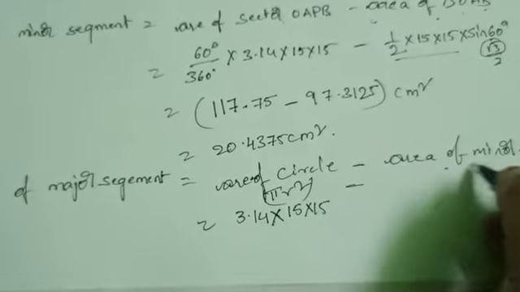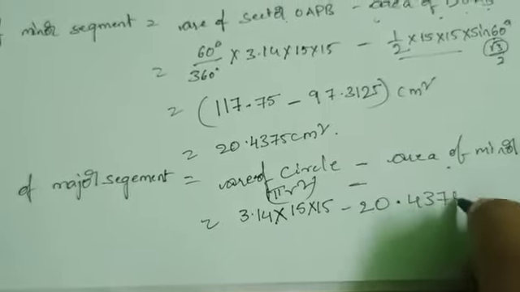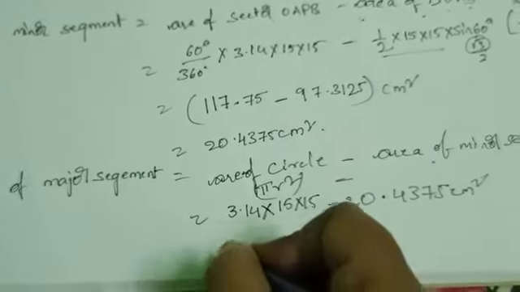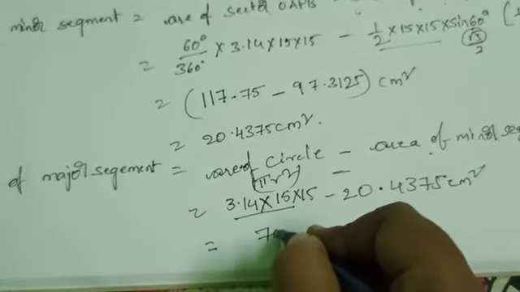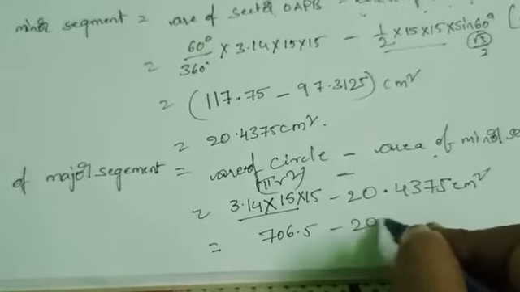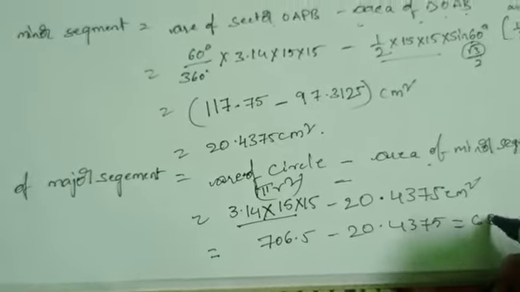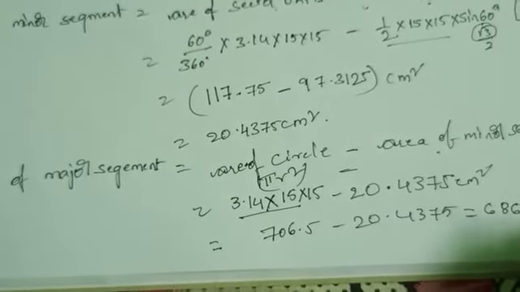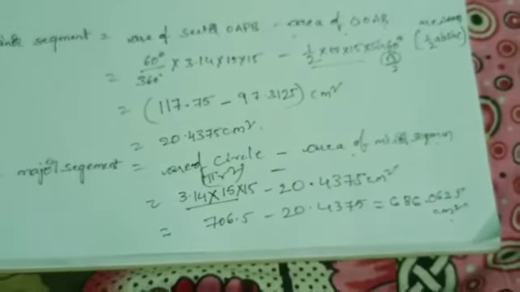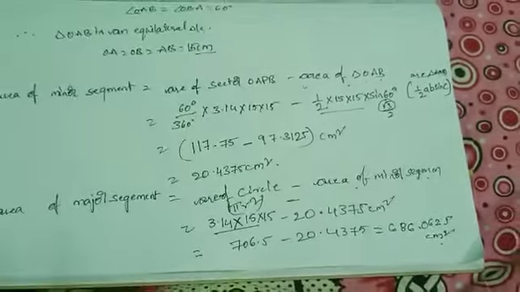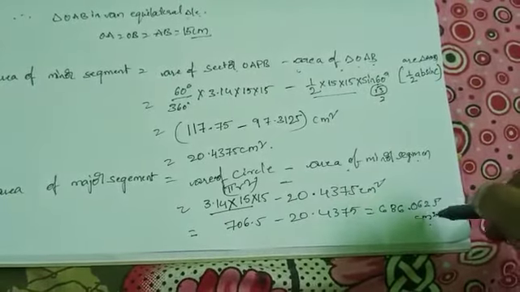Minus the area of the minor segment, 20.4375 centimeter square. So this equals 706.5 minus 20.4375, which equals 686.0625 centimeter square. Therefore the area of the major segment equals 686.0625 centimeter square.